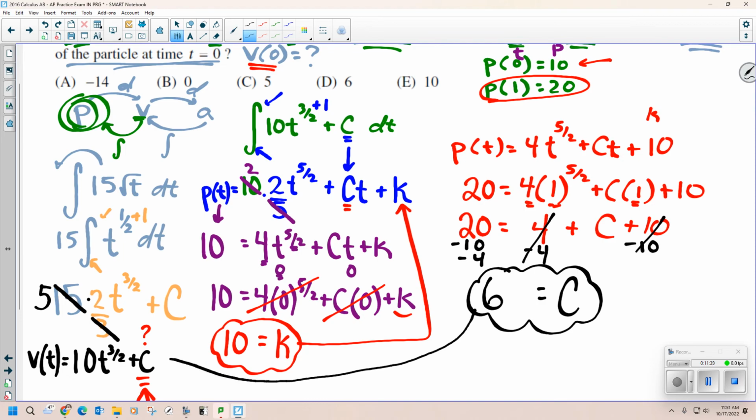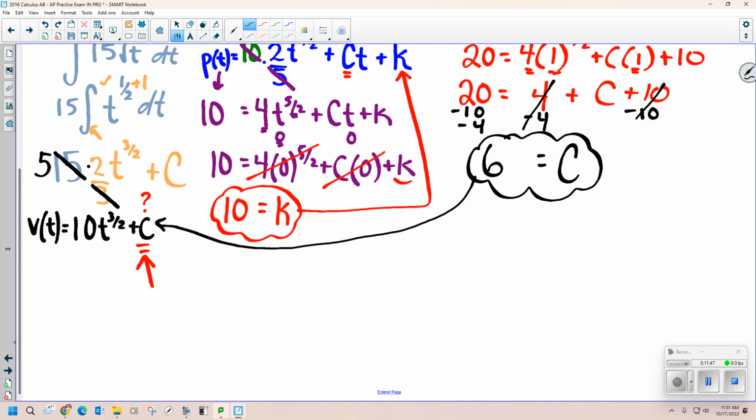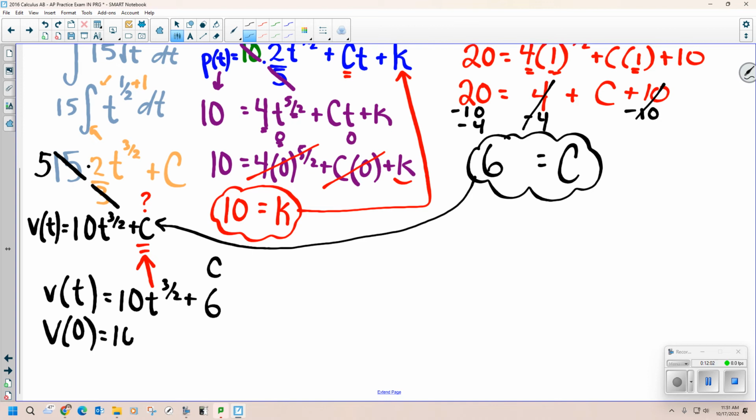Follow me here. That goes right there. Again, they're looking for v of 0. We now have the full equation for v. V of t is 10t to the 3/2 plus 6, because that's my c value. They want to know v of 0. 10 times 0, even if it's to the 3/2, goes bye-bye.